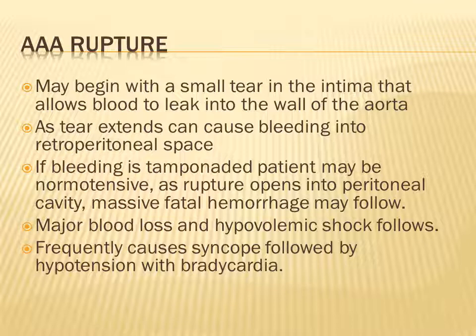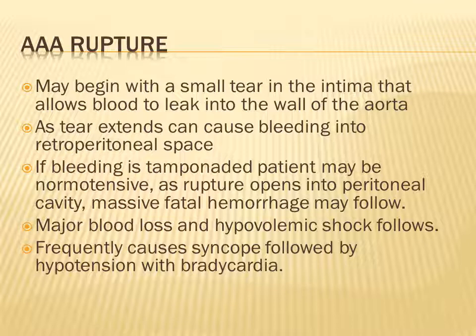It can cause bleeding into the retroperitoneal space, which is why they have that significant, sharp, tearing back pain. The bleeding can also tamponade itself, which means the blood's not leaking until the pressure gets high enough, and at that point they can actually completely tear open and have massive fatal hemorrhage.